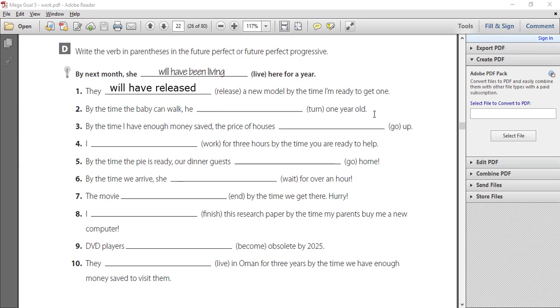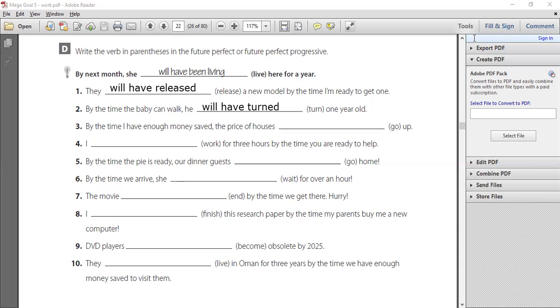So you will say, he will have turned or he will have been turning. What do you think? Will have turned. Yes, very good. Because I'm focusing on the event. Will have turned. Thank you, Rimas.